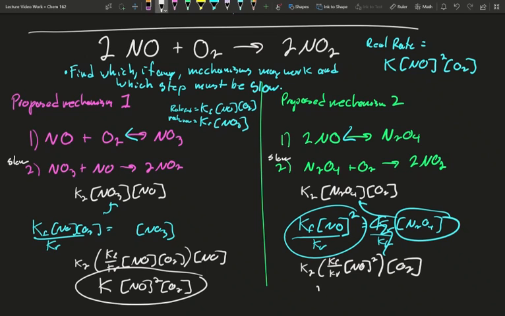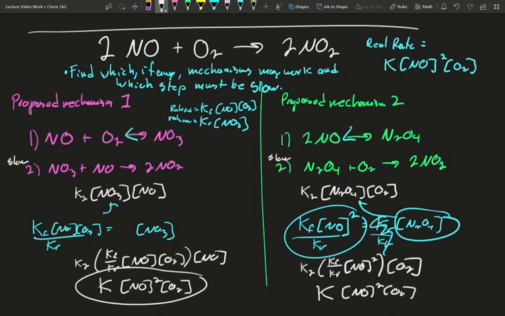This would simplify to combined k, [NO]^2[O2]. In fact, what we find is that for both proposed mechanisms, if the second step is slow, we will return the observed rate law, the real rate law from experimentation.